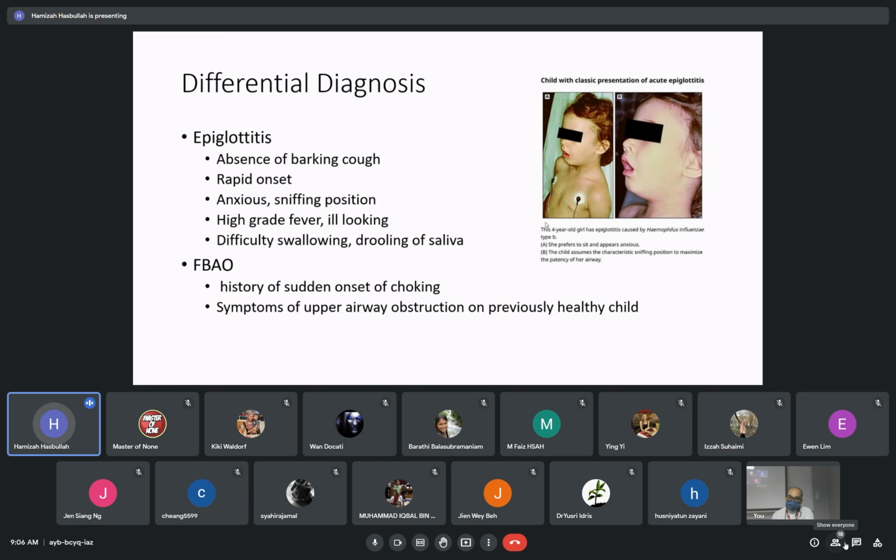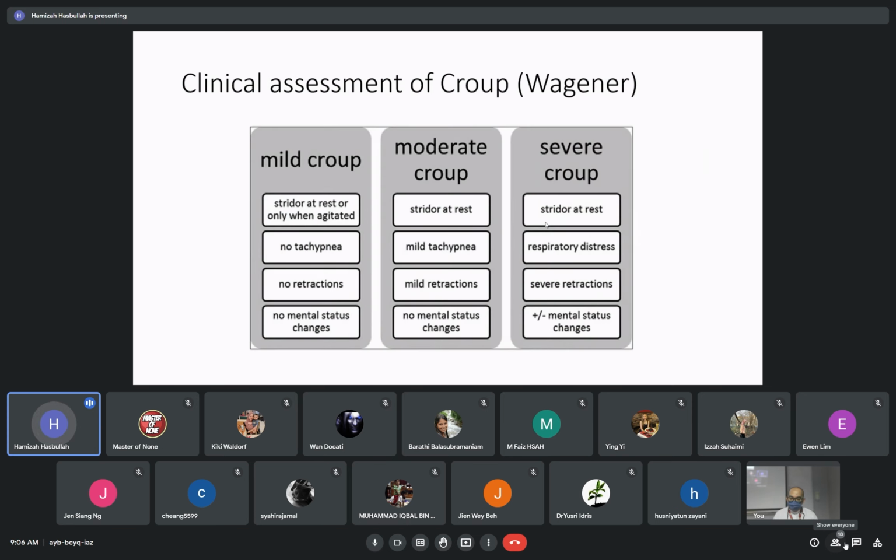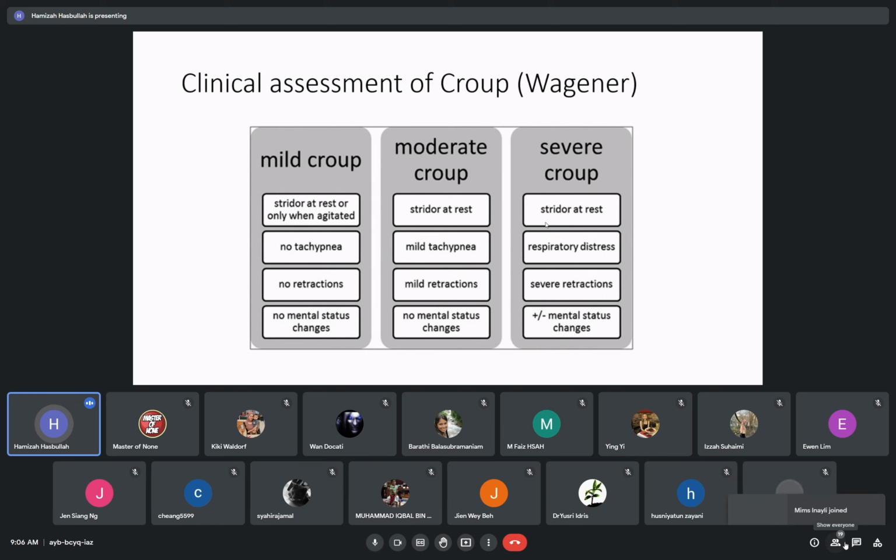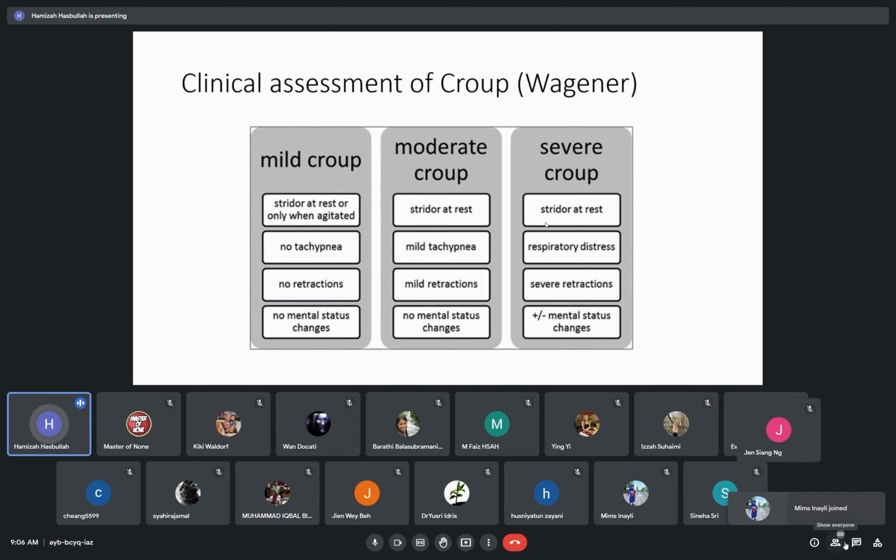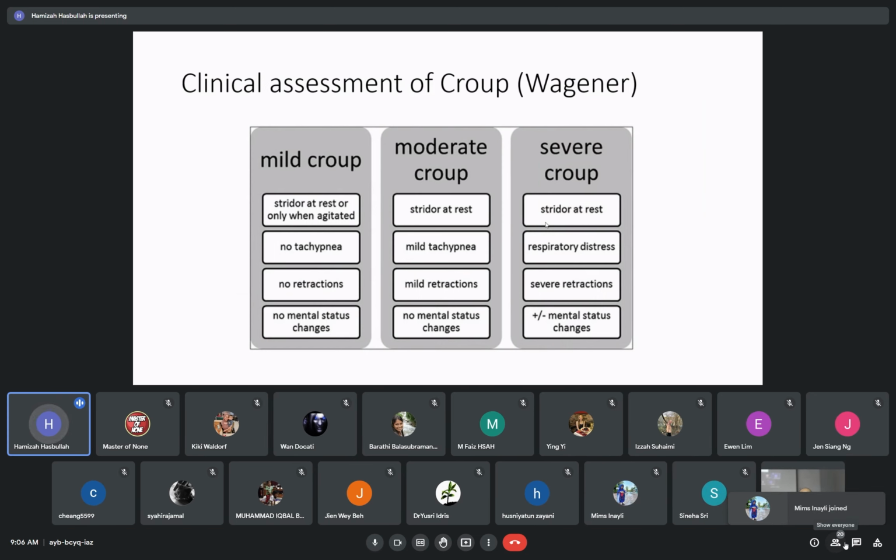So the clinical assessment of croup in the pediatric protocol is divided into three: mild croup, moderate croup, and severe croup. Mild croup has stridor at rest or only when agitated, but no tachypnea, no retractions, and no altered mental status.